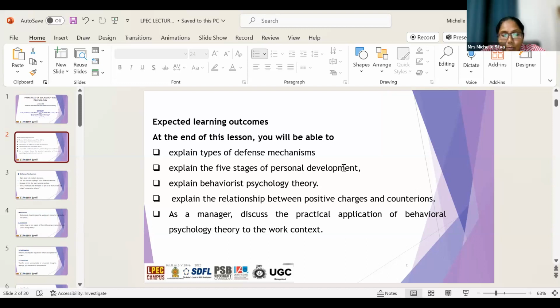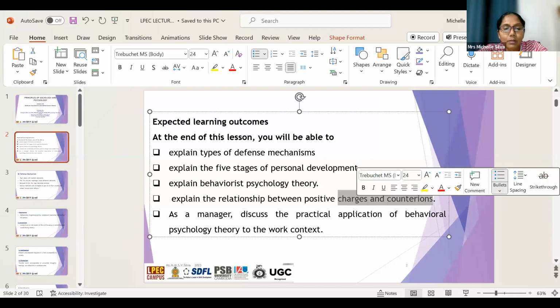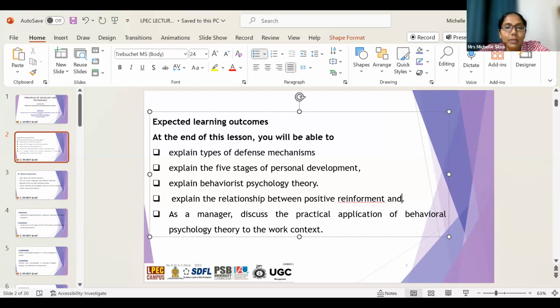Then I explained the difference between positive reinforcement, reinforcement and punishment.